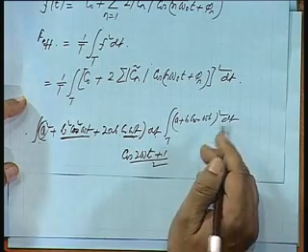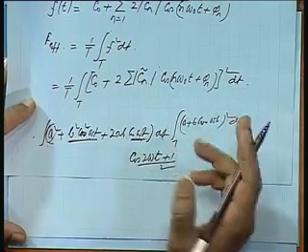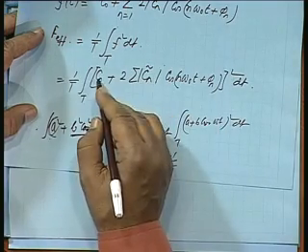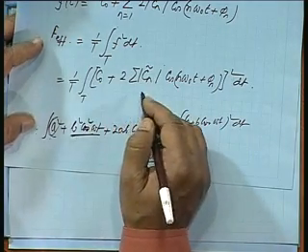Then twice a b cos omega t dt: cosine omega t integrated over one period is 0. Similarly, cosine 2 omega t will also give me 0 because they are orthogonal functions. So the average value over one time period is 0.